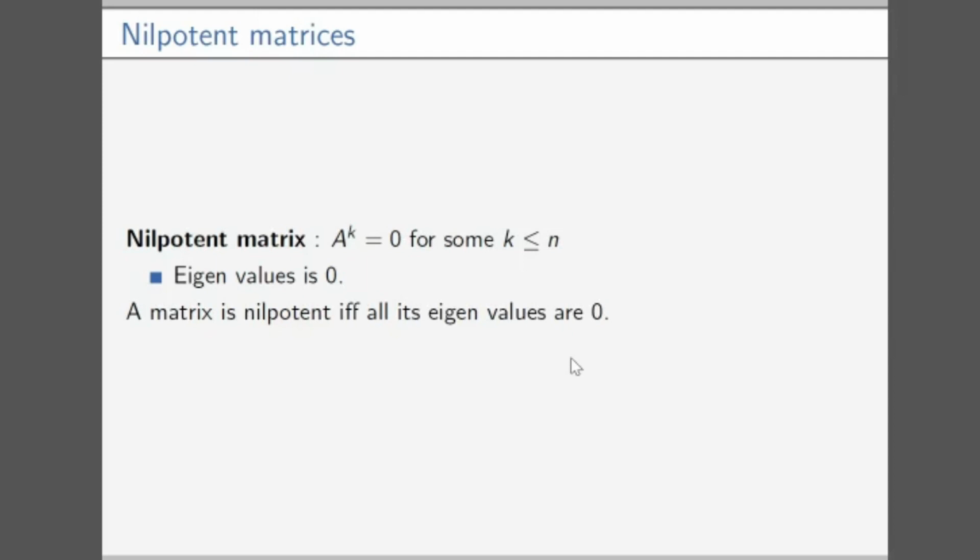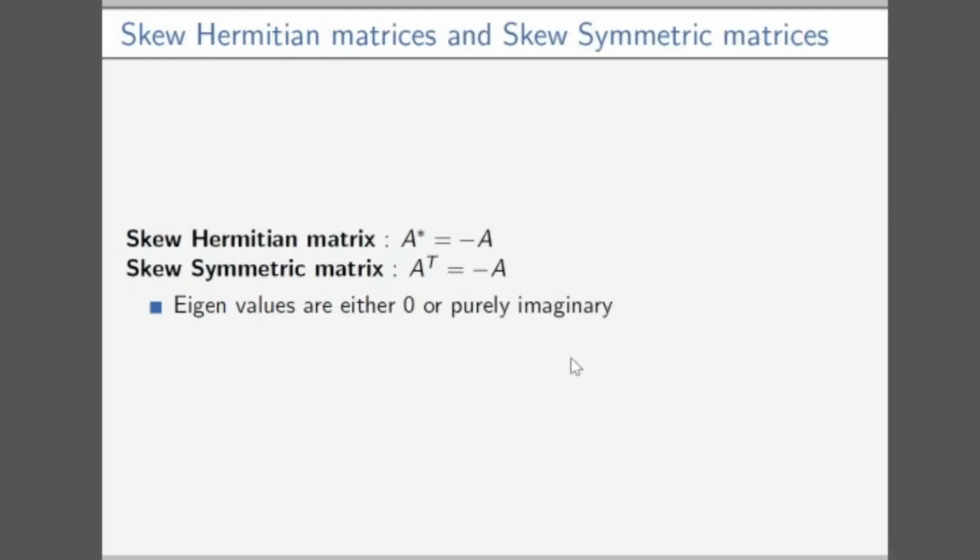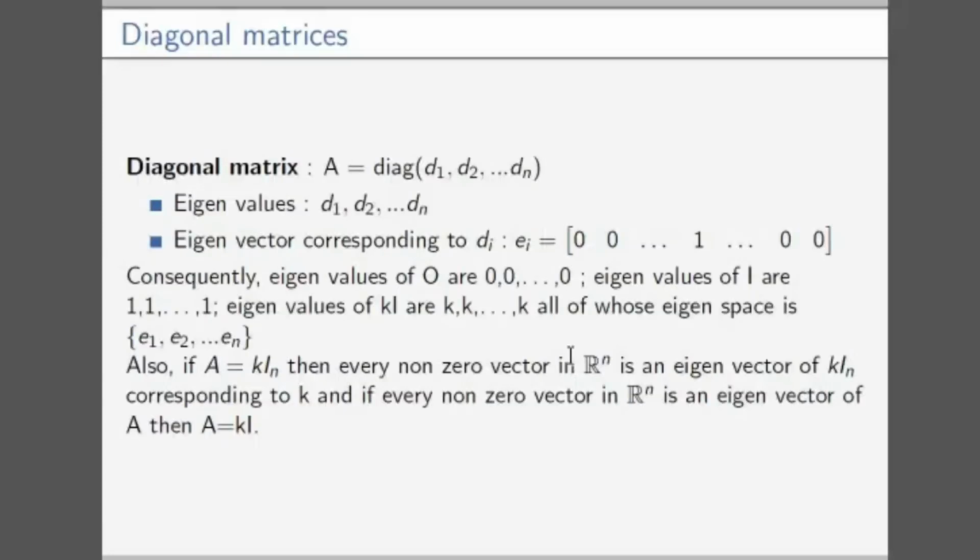There is one thing that I would like to say. We have talked about eigenvalues of a few types of special matrices like diagonal, Hermitian, skew Hermitian, symmetric, skew symmetric, orthogonal, unitary, then nilpotent, involutory, idempotent, and so on. There are questions asked very directly about the eigenvalues of a skew symmetric matrix.